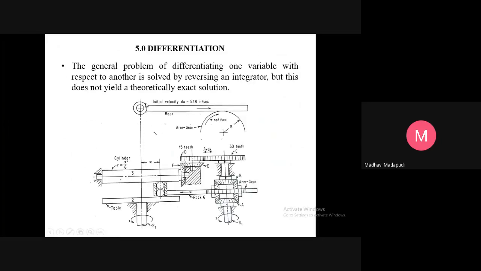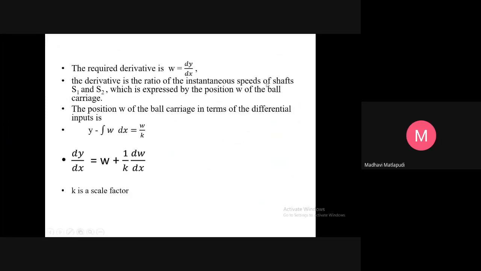So W is equal to y minus integral W dx. The net effect of the speeds of this is the displacement, that is equal to W by K. Now, if you differentiate this with respect to x, then the expression changes as dy by dx is equal to W plus 1 by K dW by dx, where K is called a scale factor.